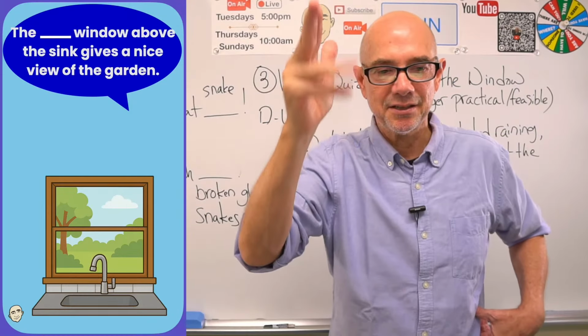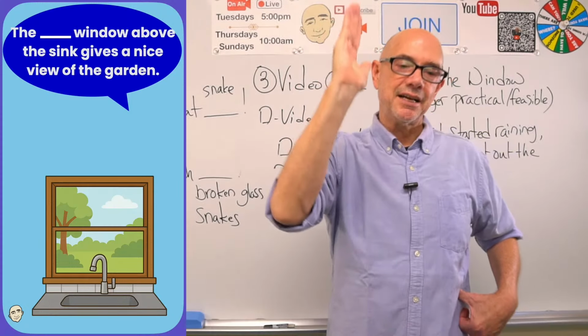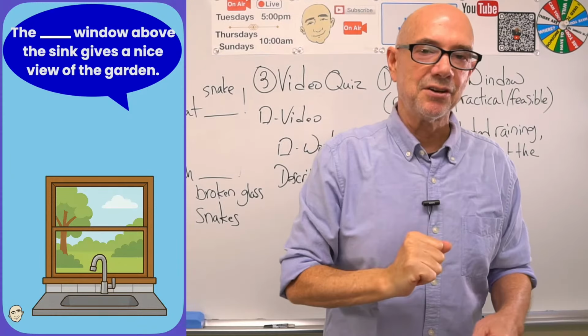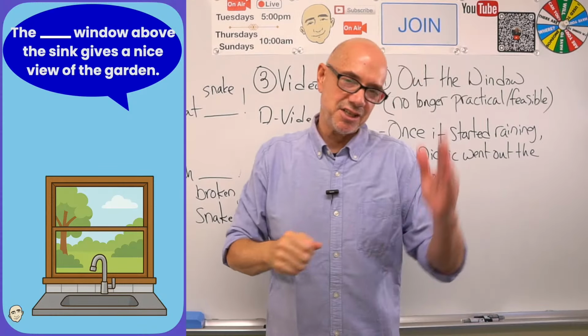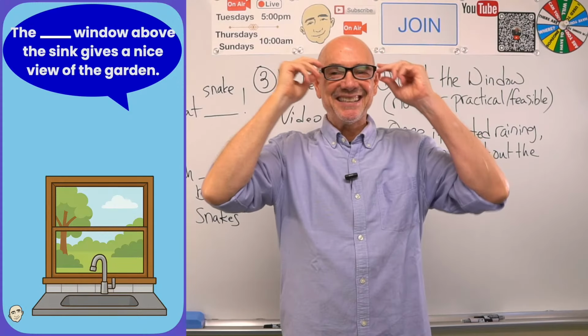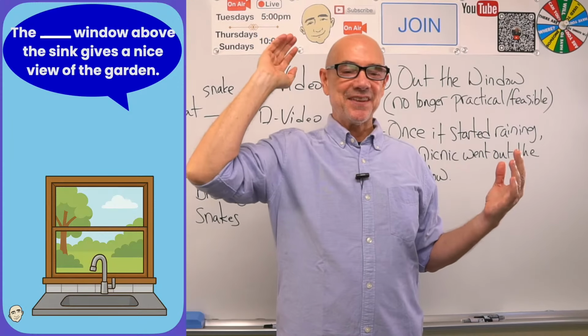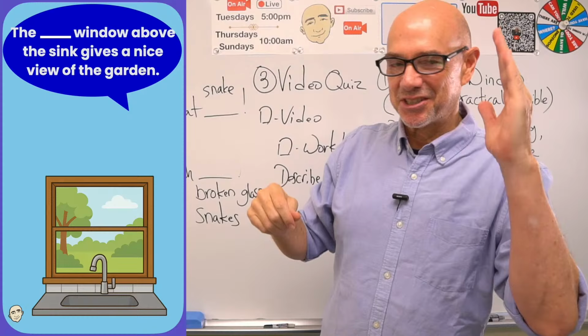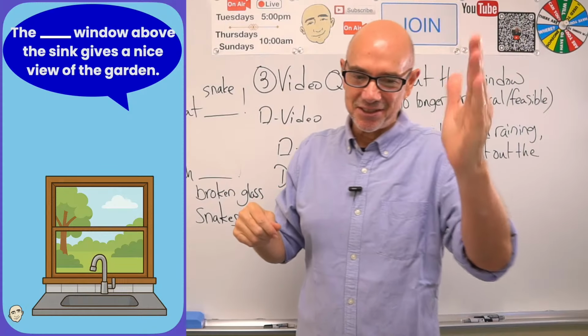Ooh, I can see the garden. I have a nice view of the garden. Washing the dishes, looking out the garden. So washing dishes is not so bad. I could enjoy doing the dishes by looking out the window into the garden.